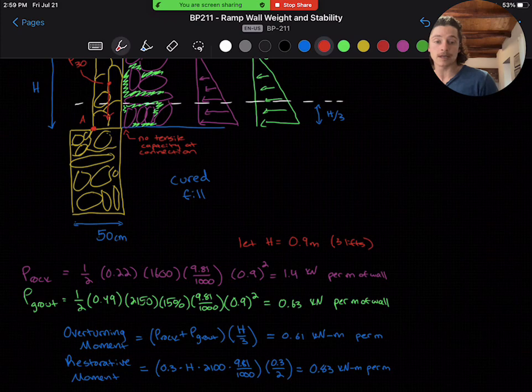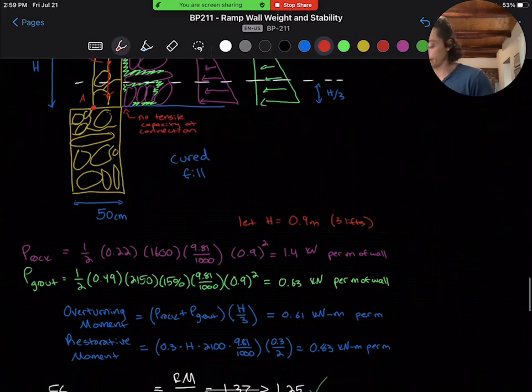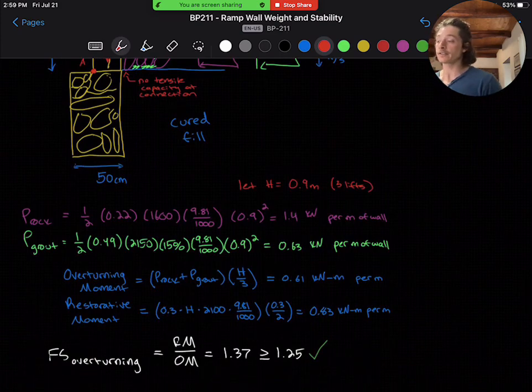And our restorative moment is just going to be the self-weight of the wall. And we're taking all of these forces at point A that I've written on the diagram, and summing for our overturning moment and our restorative moment. We get a factor of safety of restorative moment over overturning moment of 1.37.